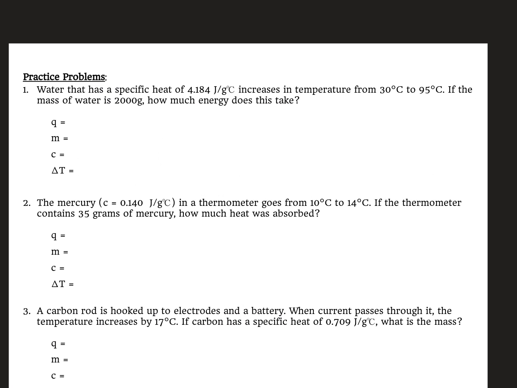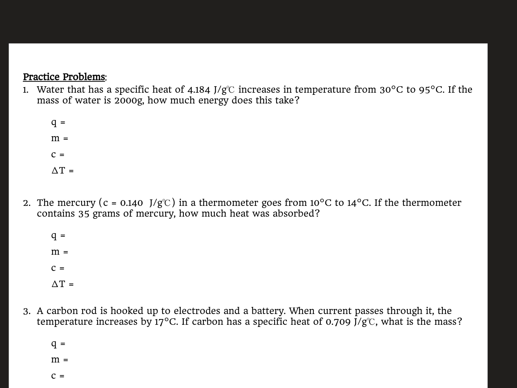Okay, so here are our practice problems. You need a calculator. Your phone, that will be okay. Okay, so let's go and underline the important information so I can show you how to do this math.